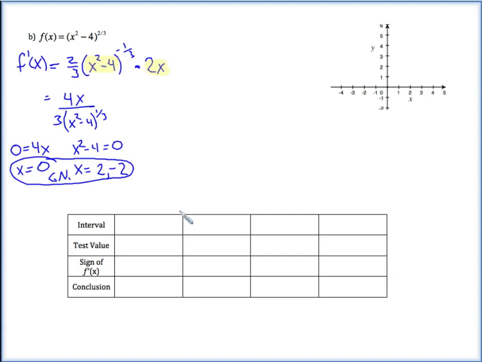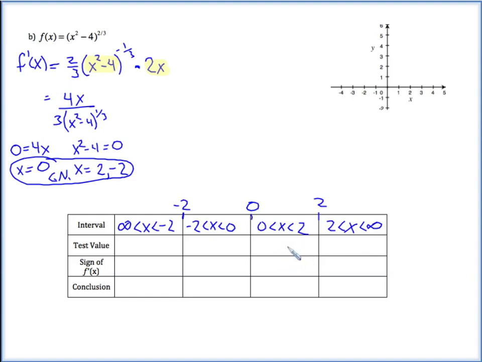So we're going to put those at the points of our intervals, here, here, and here. So we have negative 2, 0, and 2. And our intervals are going to happen in between this. So this is on the entire real number line. So the interval goes negative infinity up to negative 2, from negative 2 to 0, from 0 to 2, and then from 2 to infinity.